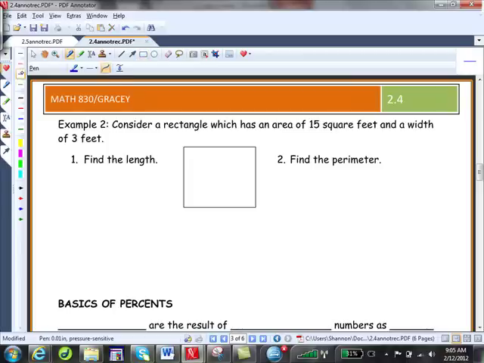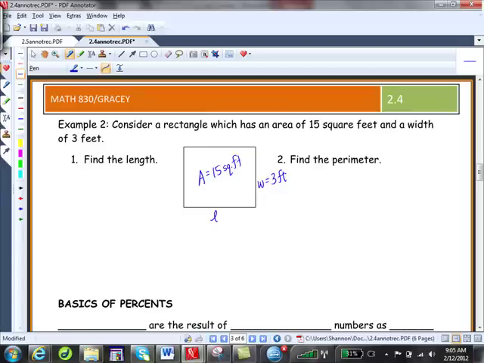And then we do know that the width is 3 feet. So remember, this is W is equal to 3. We don't know what L is, but we also know that the area inside is 15 square feet. And of course, this is in feet.